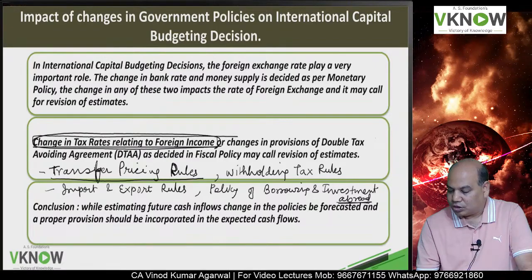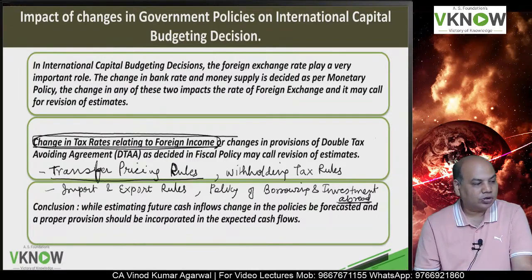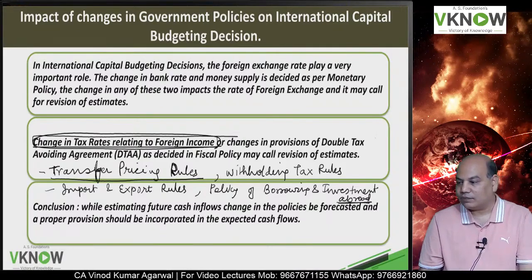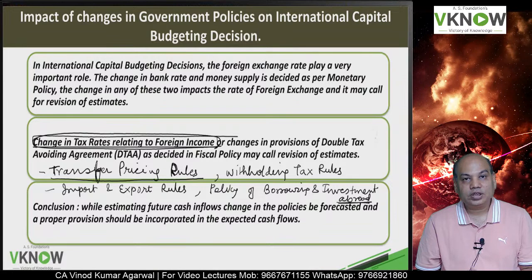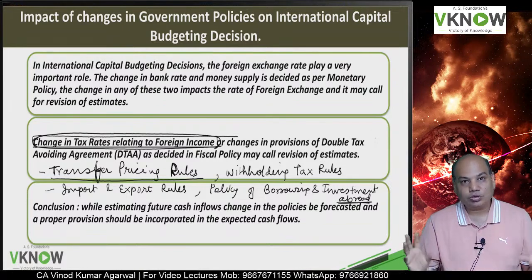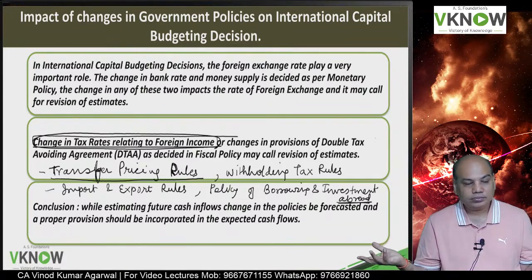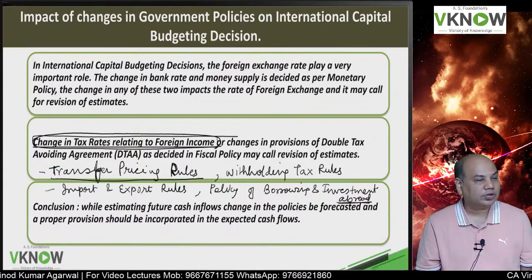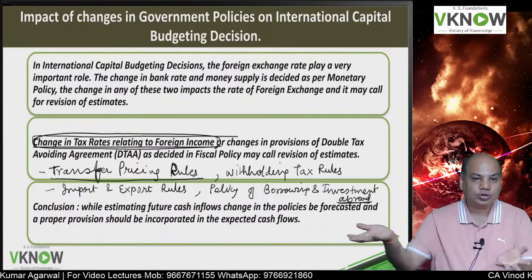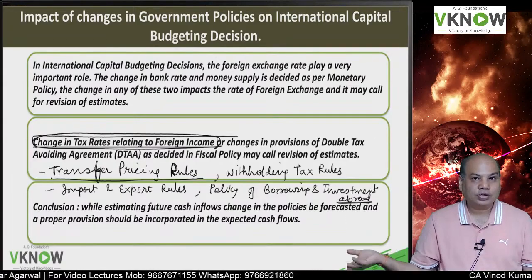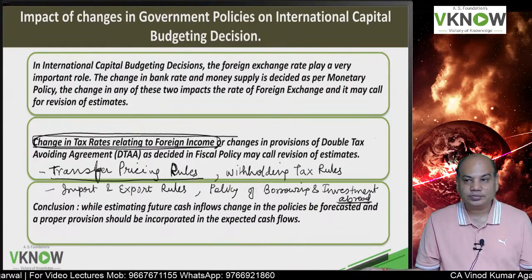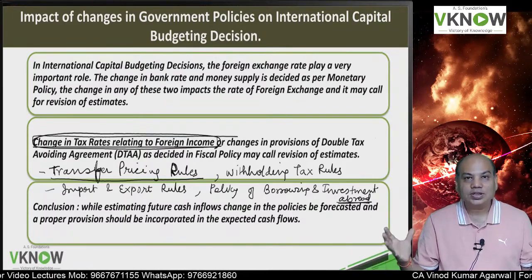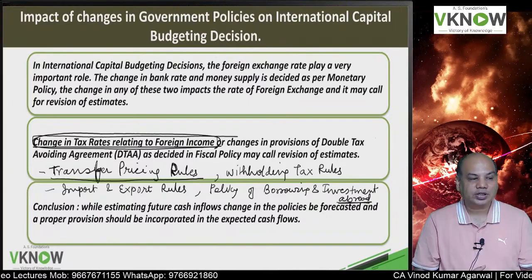As an individual, you can invest $250,000 in a year abroad, and these rules keep changing. Today I am saying $250,000. Tomorrow they may make it $5 lakh, or they may make it $50,000. All this seriously affects your capital budgeting decision.